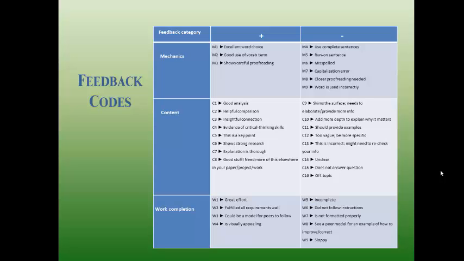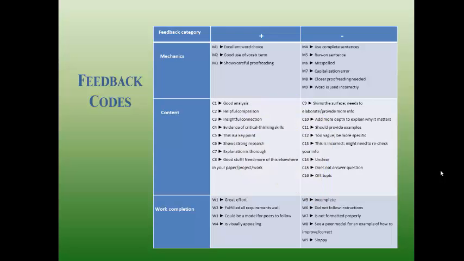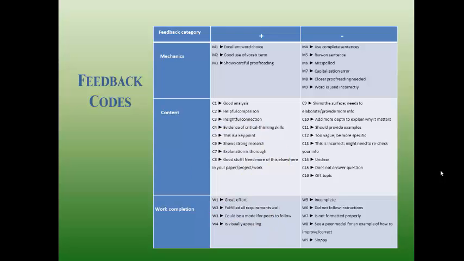We just write M9, mechanics feedback number 9. Or, on the flip side, if they've done well to incorporate a vocabulary term in their response, then instead of just writing good, because they might not know why we think it's good, we write M2, mechanics feedback number 2.